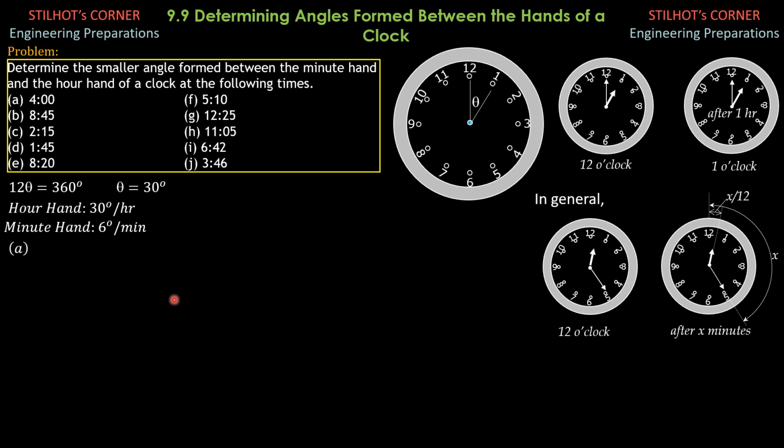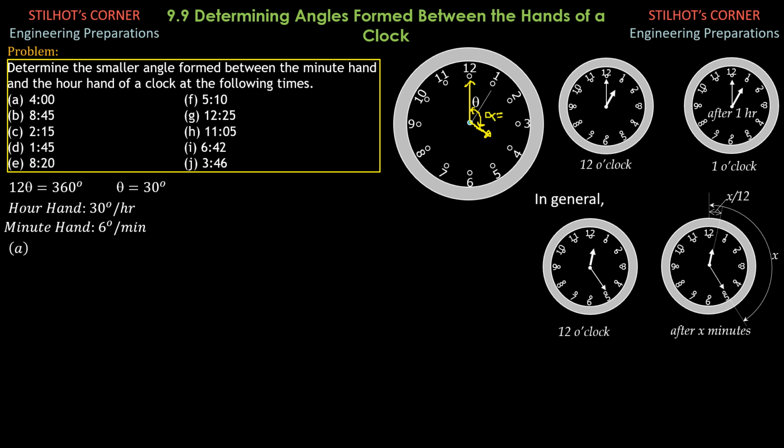So for part A, we need to know the angle at 4 o'clock. So let's draw a clock reading 4 o'clock. So this is the hour hand, and that's the minute hand, and the angular spacing between the minute hand and the hour hand, I'll call that alpha.